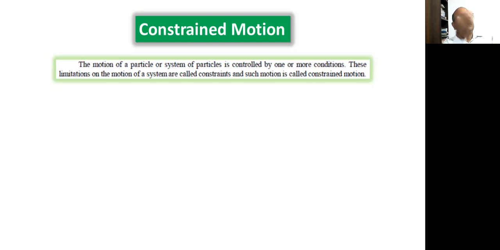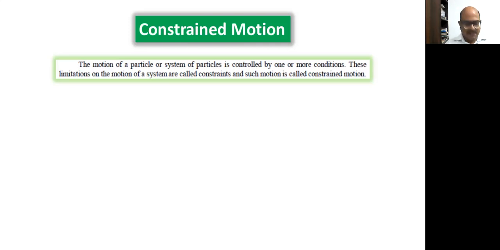See, the cap of this pen, outside, when it is not attached to the pen, we can take anywhere, right? But when we put this cap on this pen, its motion is restricted by certain conditions, that it will move only in the direction of the length of this cap, so that it can fit it.